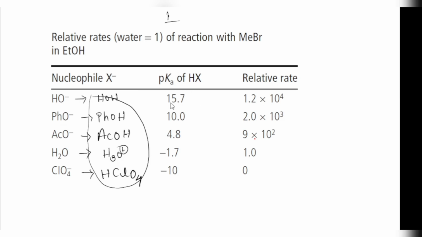We can observe over here, if the pKa is very high, high pKa means the relative rate is also very high, correct. This is what we can observe. What is the inference of that? That means if it is a high nucleophile, we can observe the relative rate also high.